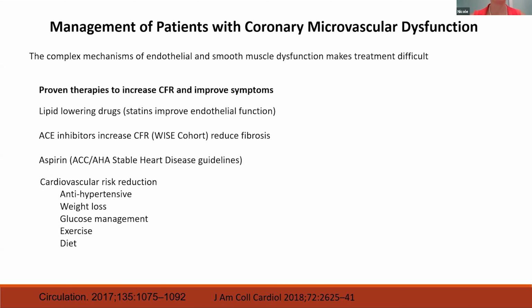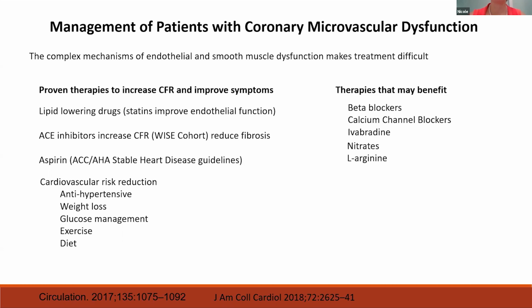And also lifestyle changes and cardiovascular risk reduction are key. Therapies that are not as well proven but may benefit and seem logical to add if necessary would be beta blockers and nitrates. And again, we do need a significant number of randomized trials. Ranolazine was found to be ineffective only once it reached the level of a randomized controlled trial.